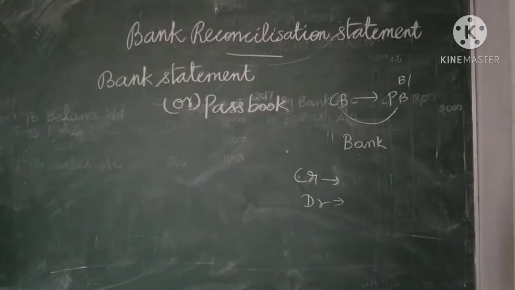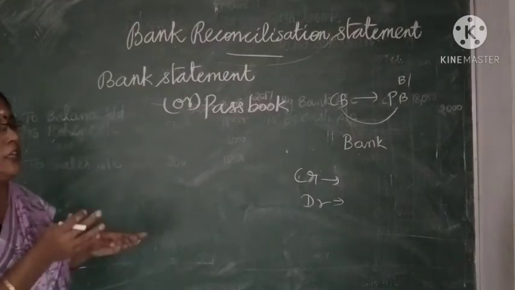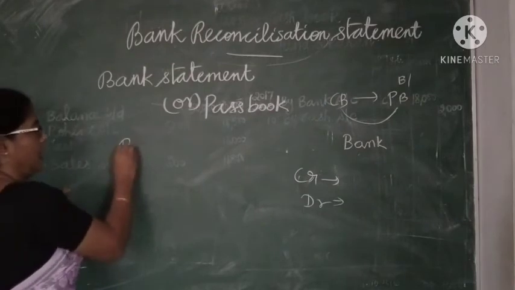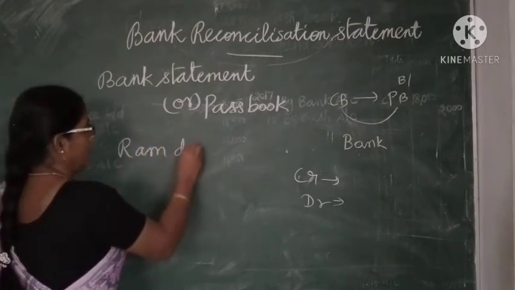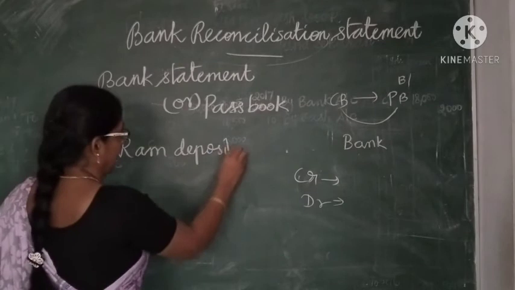Nowadays we are giving payments through the bank account. We are giving all the payments through check, and whatever checks or cash are received, the payments can also be made through the bank. For example, suppose Ram deposited an amount directly to the bank.